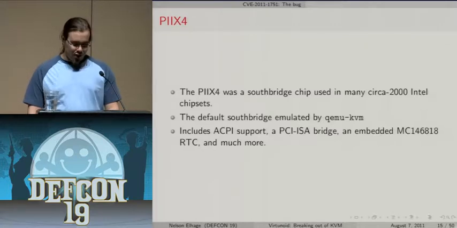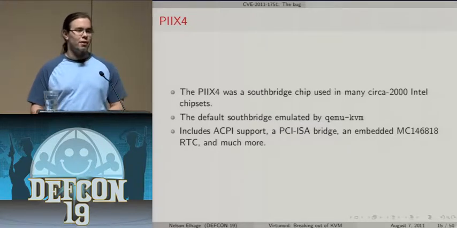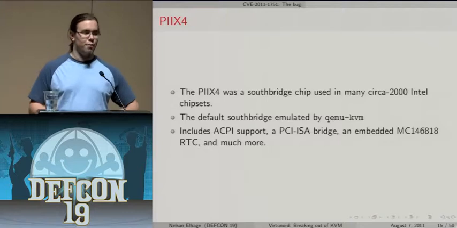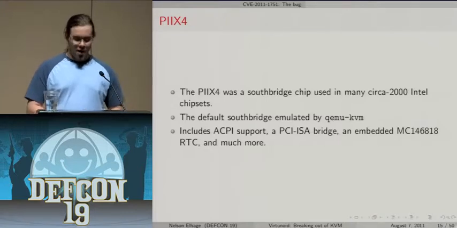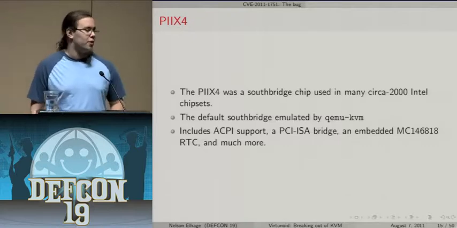Since it's a South Bridge, it talks to most of the physical devices in computers of that era. The PCI bus, the ACPI support, the real-time clock, all of that stuff, the host CPU communicates with through the South Bridge. And this is the default South Bridge chip that QEMU emulates.